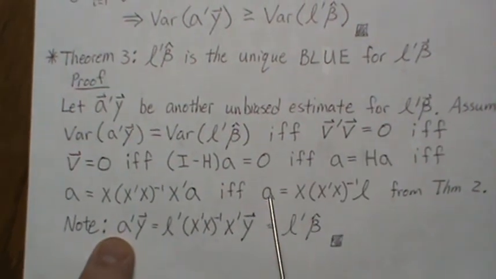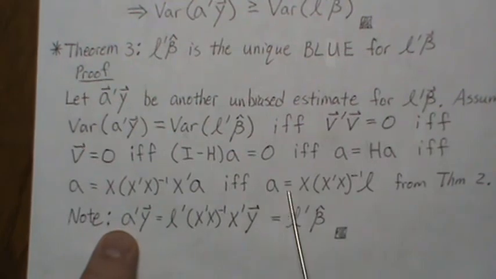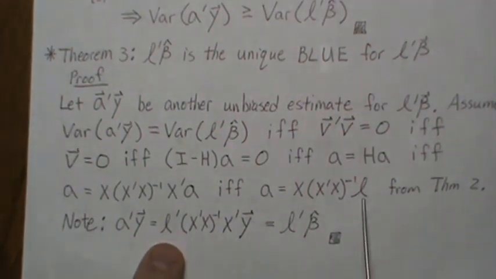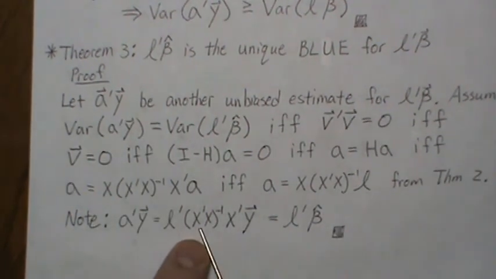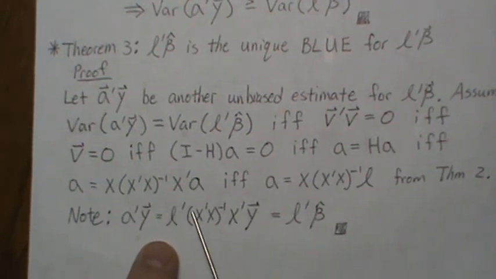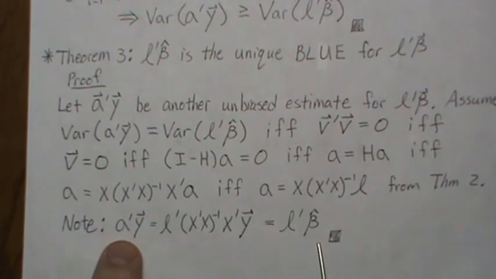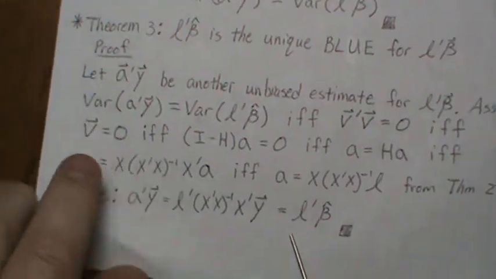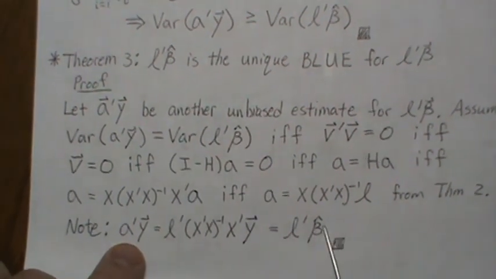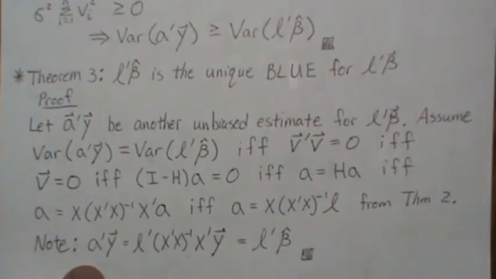If we plug in what we know for A here, remember this is A transpose, this is just A, so you have to take this transpose. And so you get this, the transpose, this, and X transpose. But this right here is our least squares estimate for beta, and that's L. So if it's unbiased and has a variance equal to that of the BLUE, it has to be the least squares estimate. And that proves uniqueness.